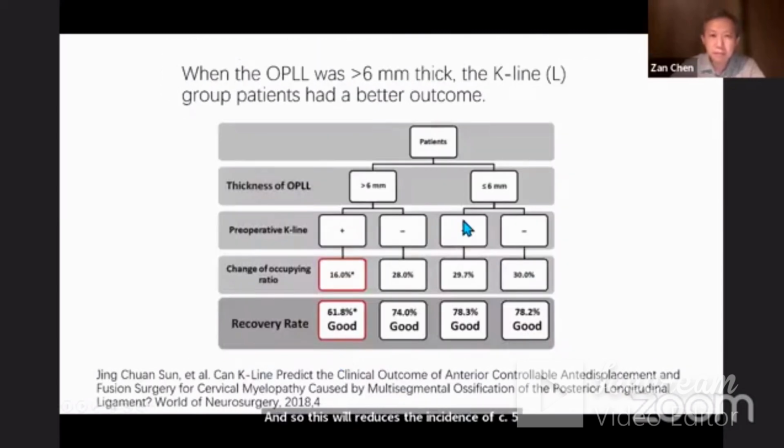Also, we know that if the K-line is negative, when we perform posterior approach laminoplasty, sometimes the result is not so good. But in the study, we found that if we perform ACAF, no matter whether the K-line is positive or negative, we can get a good result for the patient.